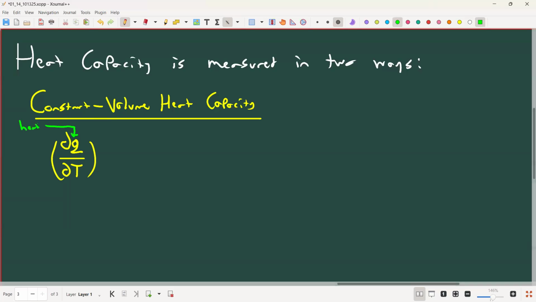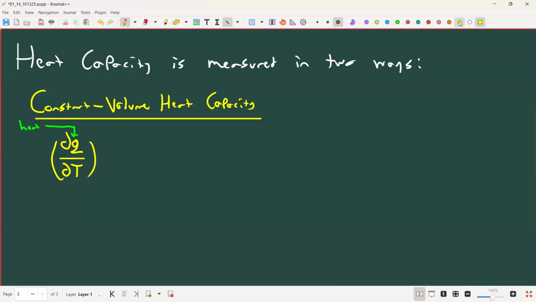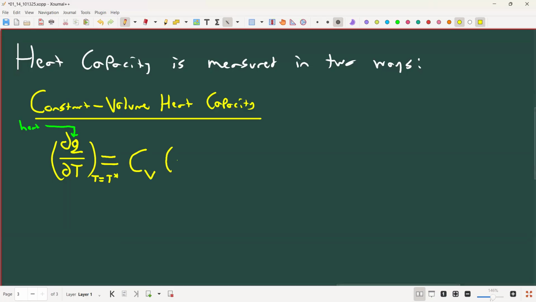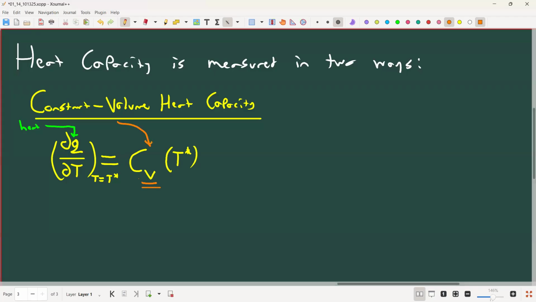We can't define enthalpy for constant volume. Remember, it's a constant pressure term. We call it heat instead. This is equal to, at some temperature T equals T star, the heat capacity of the material evaluated at T star. So this is the constant volume heat capacity. It's called C sub V.